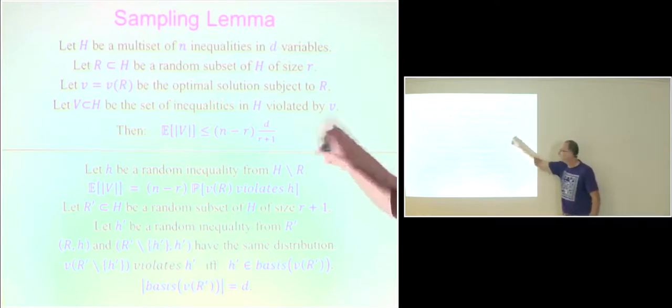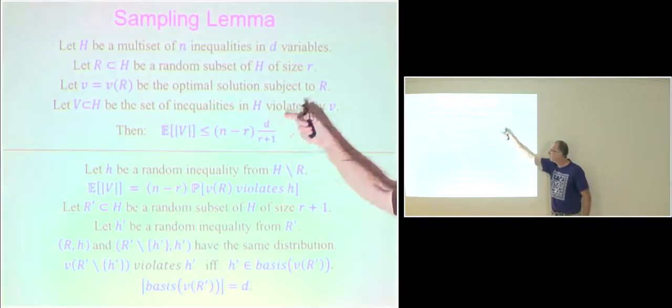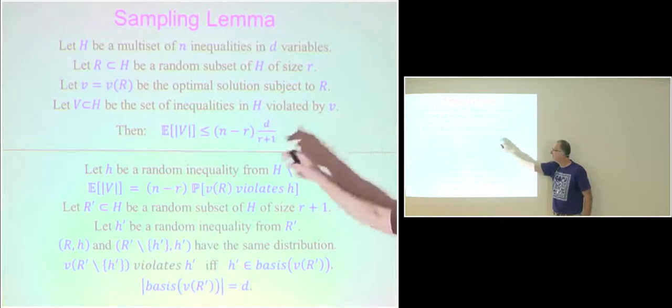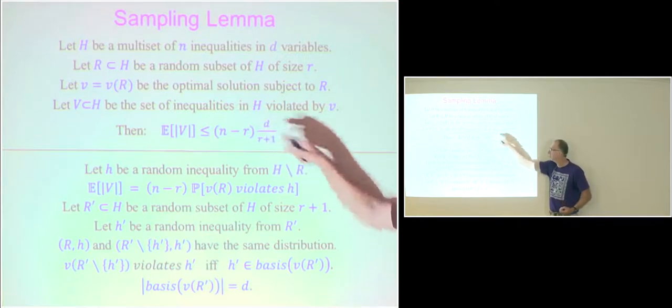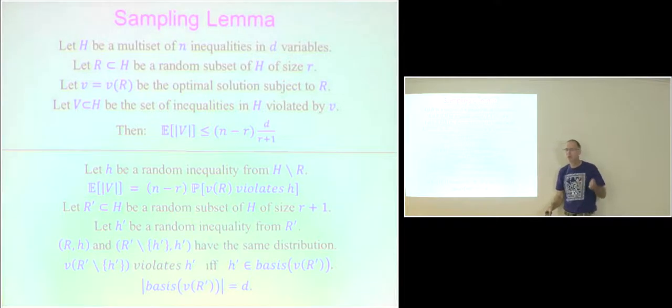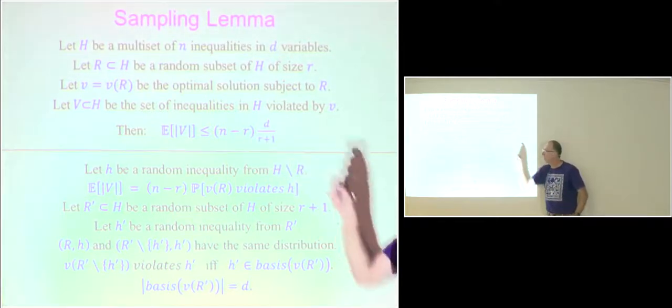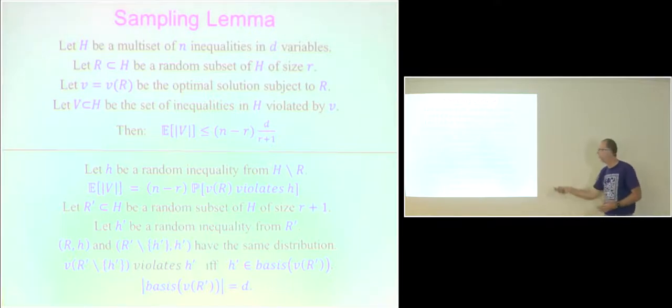Okay, so we get this upper bound. Intuitively, it just says that we choose a random inequality out of a set of r plus 1 inequalities. The probability that it's essential is exactly d over r plus 1. That's the probability that a random inequality is violated. We multiply it by the number of potentially violated inequalities, and we get this upper bound.